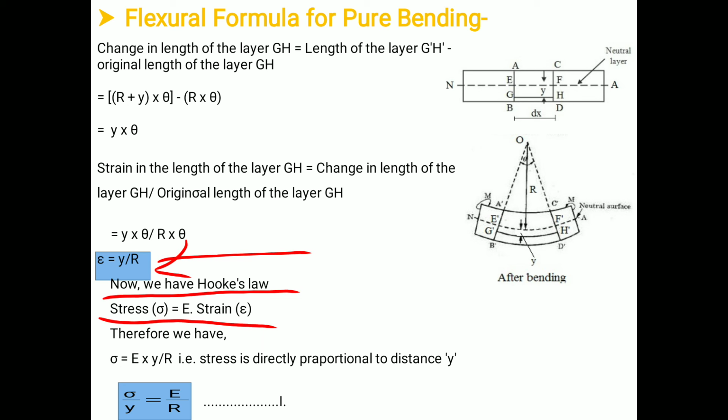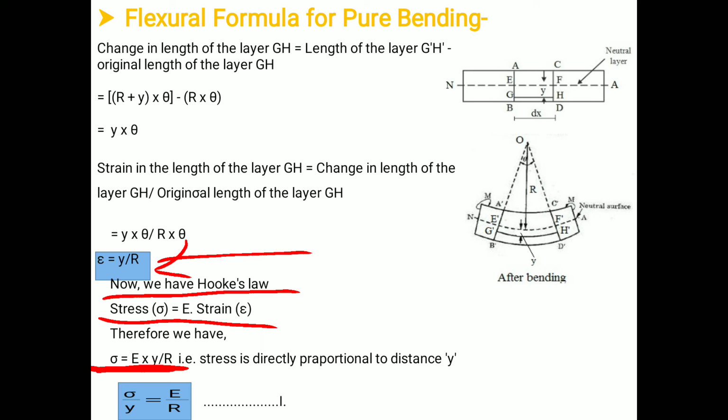Now, for a given equation, the Young's modulus of elasticity of any material always remains constant, and the value of r, the radius of curvature for a given bending moment, also always remains constant. So as E and r are constant, it means that stress is directly proportional to y. Therefore, the value of stress is a function of y.